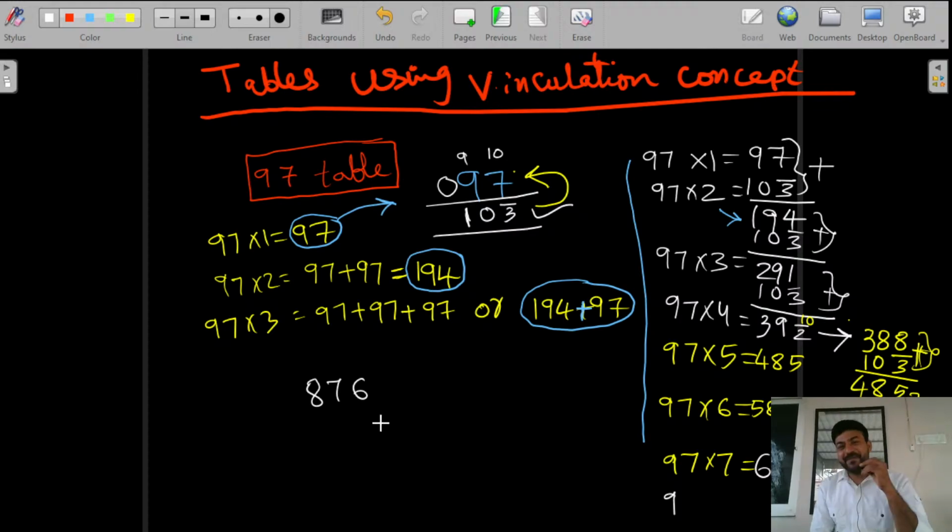876 table, very easy. You have to vinculate this, convert it into vinculated format.